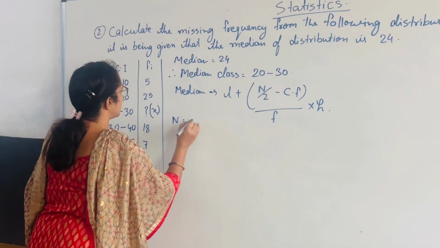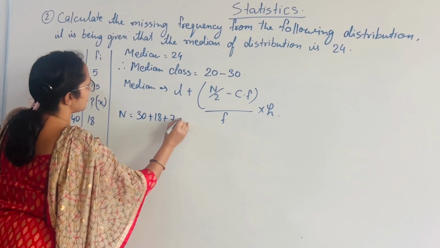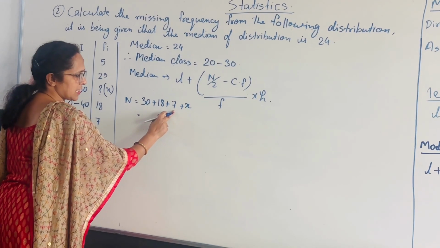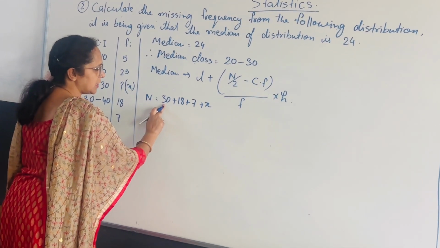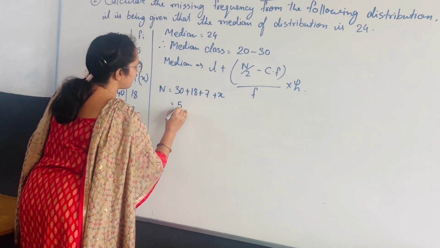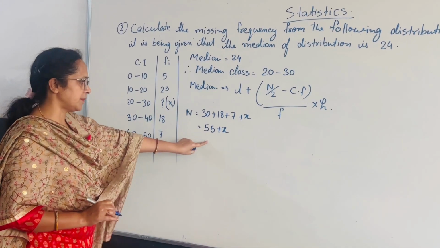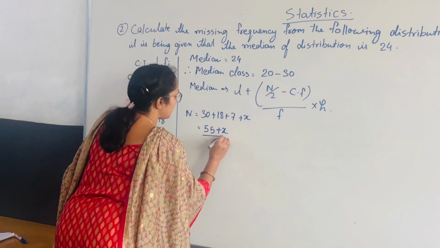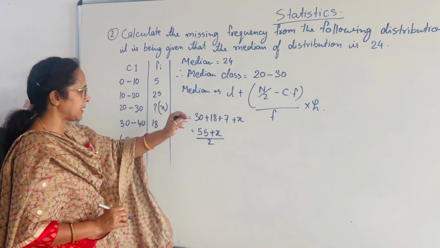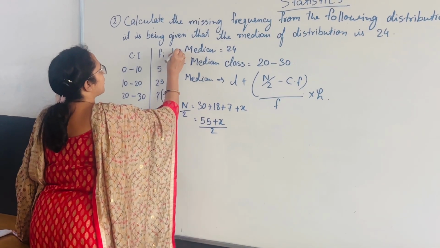So N is equal to 30 plus 18 plus 7 plus X. Okay. So let's see what happens. This plus this will become 25 plus 30, so that will be equal to 55 plus X. This is our N. So N by 2 will be this divided by 2. Now one column we need to make for cumulative frequency.